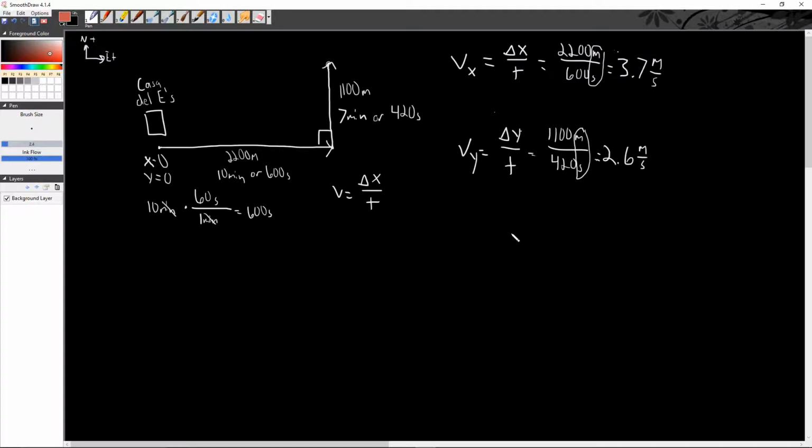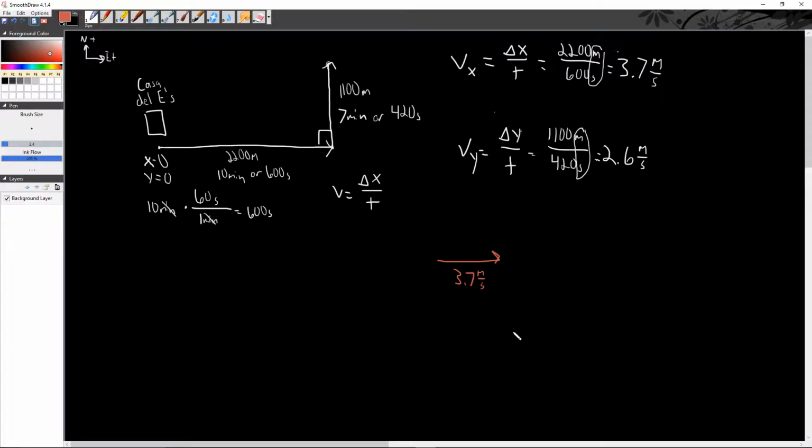So with that, we can actually plot these values on a grid, on graph paper if I wanted to. The 3.7 meters per second, we said that was in the easterly direction, that positive direction. So I can come through and say, that's 3.7 meters per second.